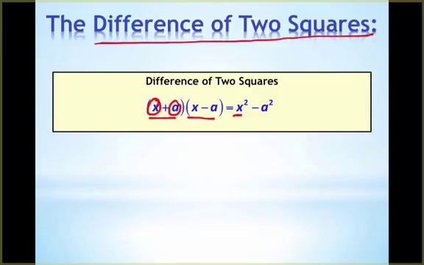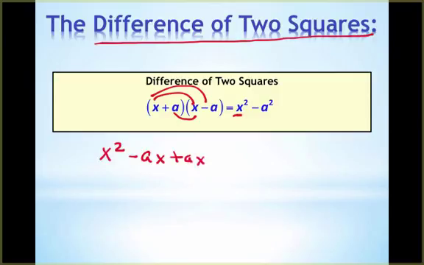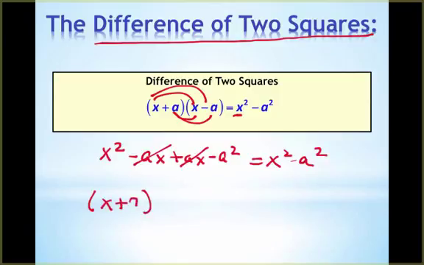And again, just to show you quickly where that comes from, if I multiply first, we get x squared. Outer would be minus ax. Inner would be plus ax, and last would be minus a squared. But then the outer and the inner will cancel, and you get x squared minus a squared. So if we go back to our last problem, we had x plus 7 times x minus 7.